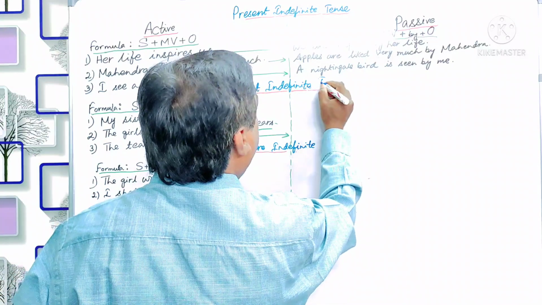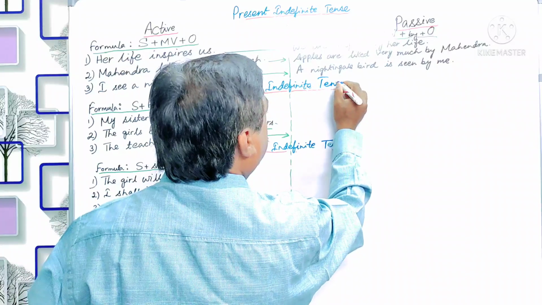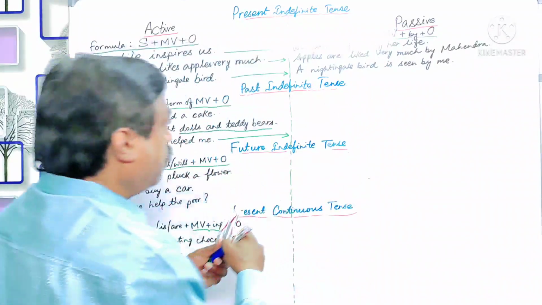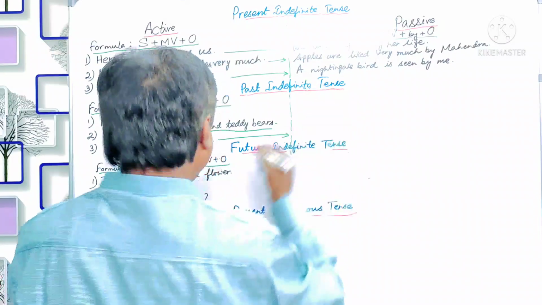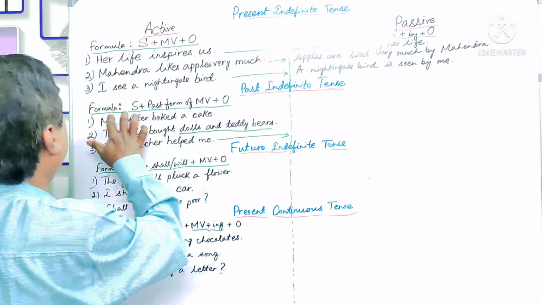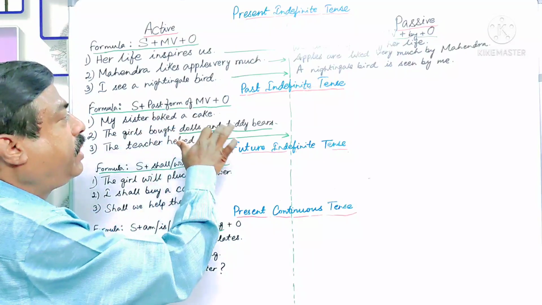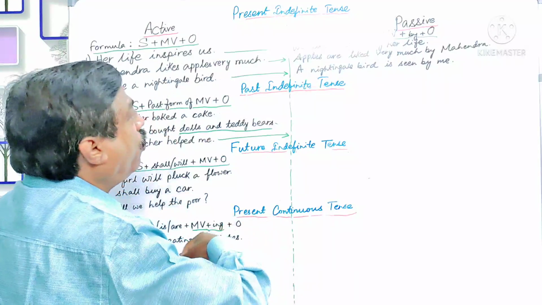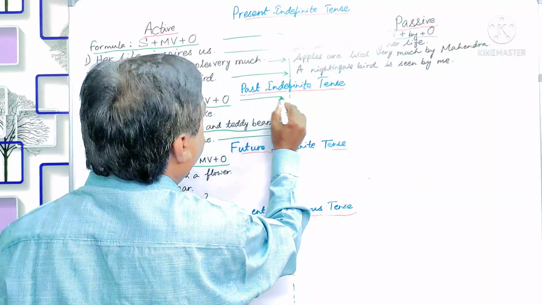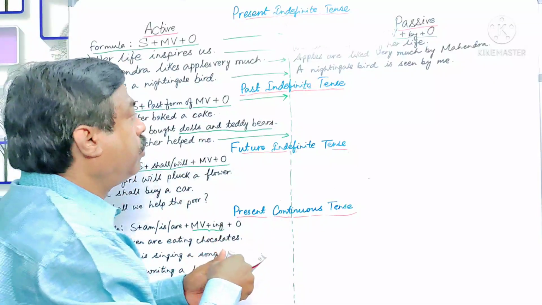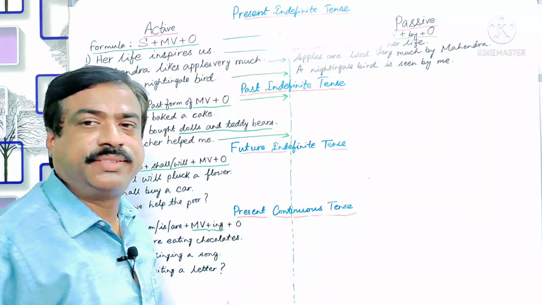Now I come to the next tense, that is past indefinite tense. In the past indefinite tense, in the active voice, the formula is subject plus past form of the main verb plus object. When you write the formula in the passive voice, what happens?